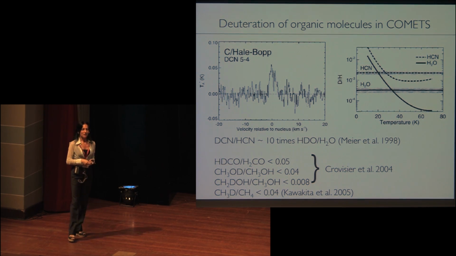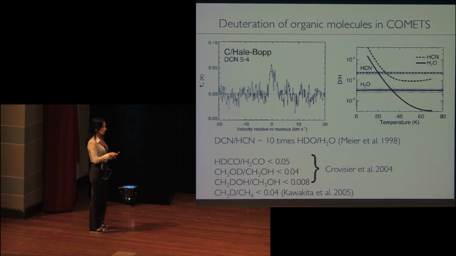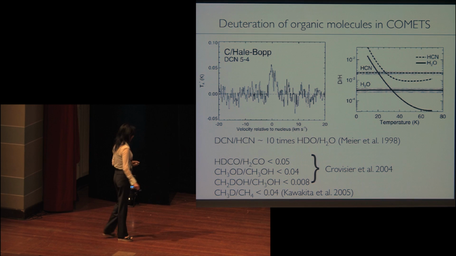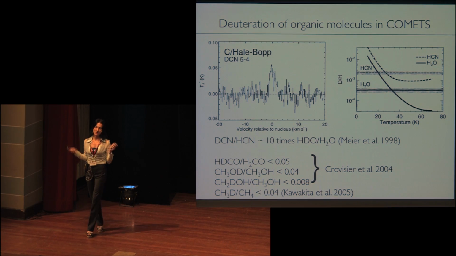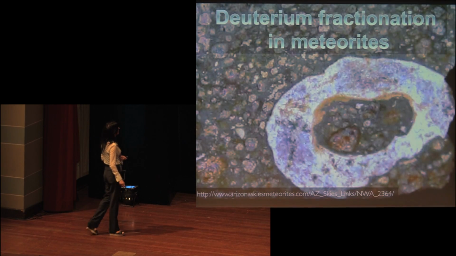There is evidence in comets, unfortunately not as many as I'd like, that DCN, so let's say the deuteration in organics, is 10 times larger than the HDO over H2O. And this reminds me of something. That reminds me of the star formation place. So these are unfortunately upper limits. So this is something where I'd really like to see more measurements.